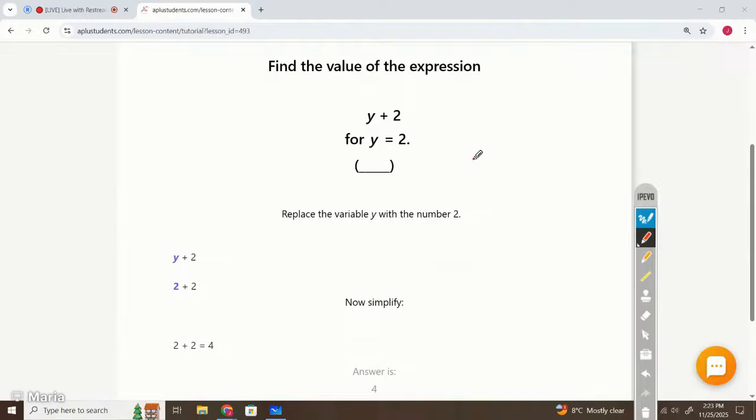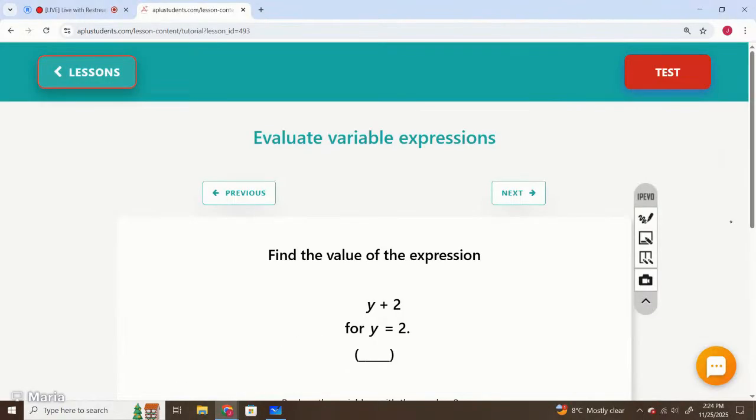So that is 2 plus 2, which makes 4. So the correct option is 4. Let's just start with the test questions.